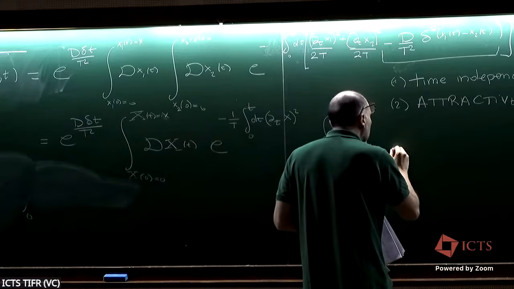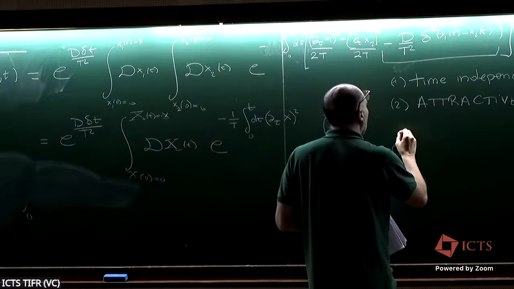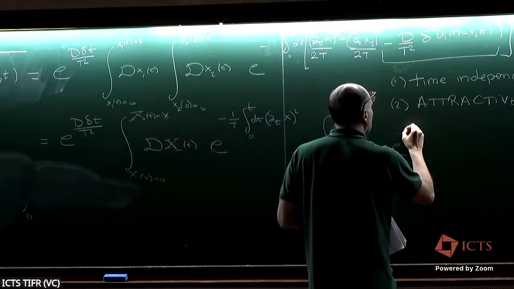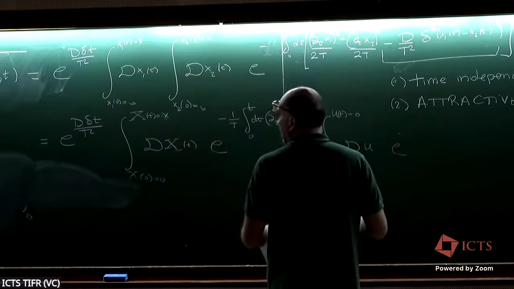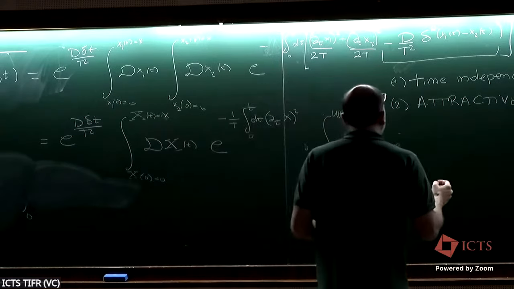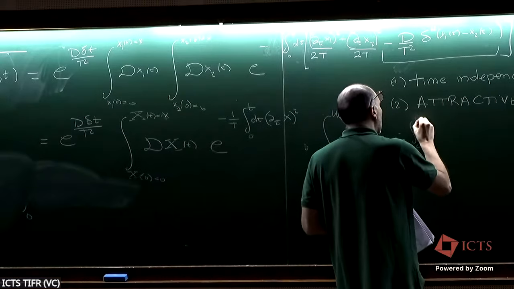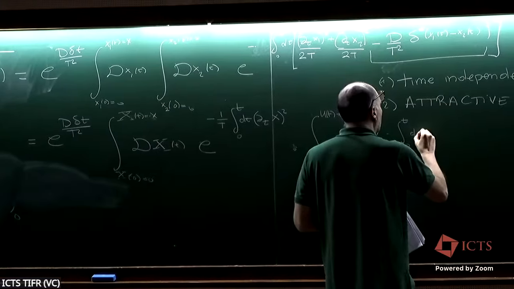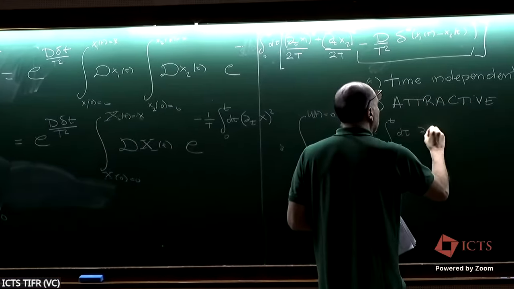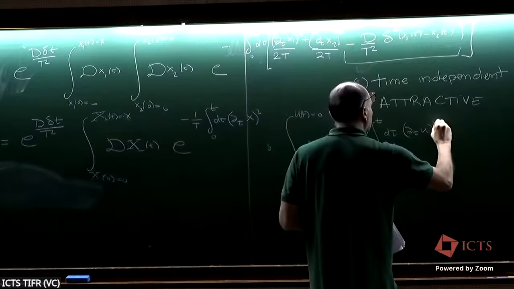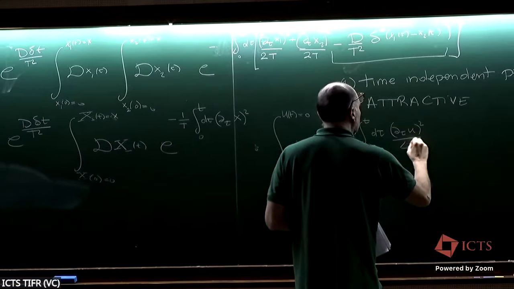Now what you have here is exponential of minus, let's say now we can write it, I like to write in 2 pieces. So we have the integral from 0 to t d tau, we have d tau u square divided by t.